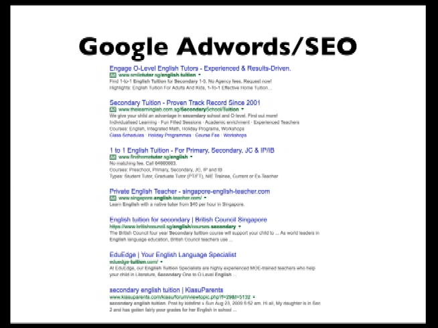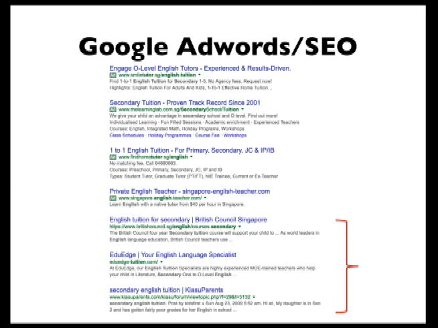Instead of paying money to AdWords, if Google shows you in the search results, you will naturally pop up. So this is to illustrate. These are the 3 examples of SEO, like English Tuition for Secondary / British Council Singapore, EduEdge / your English language specialist. That's actually my client right there.